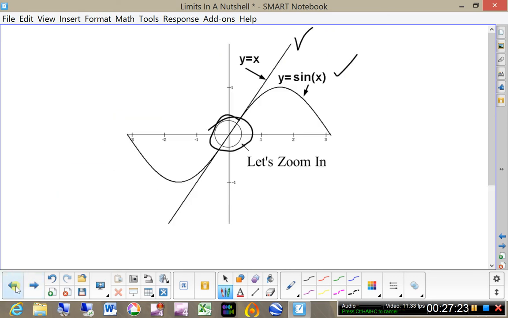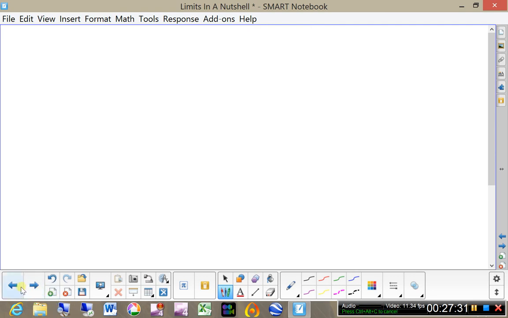Now, I am going to add another page here and do an example here. Let's look at the limit of sine of x divided by x as x approaches 0.